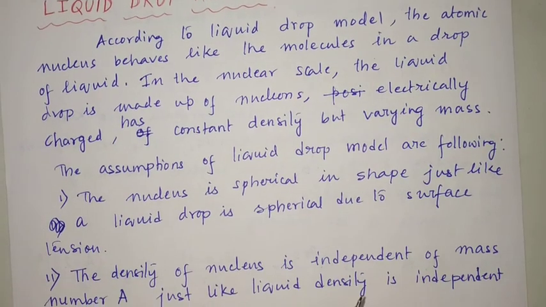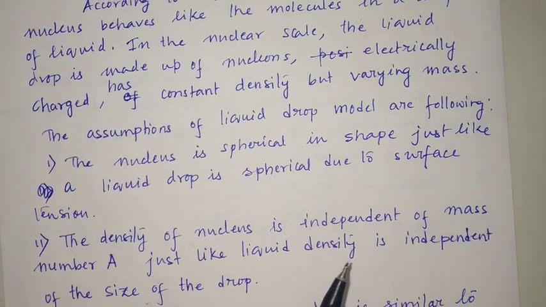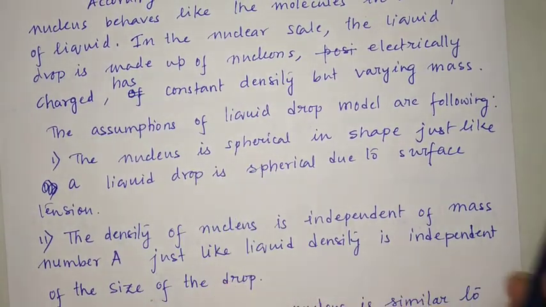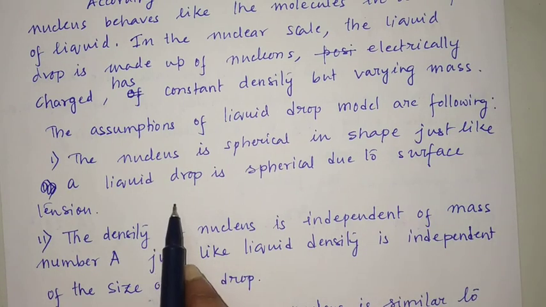So the assumptions of the liquid drop model are the following. The first one is that the nucleus is considered to be spherical in shape, just like a drop of liquid.